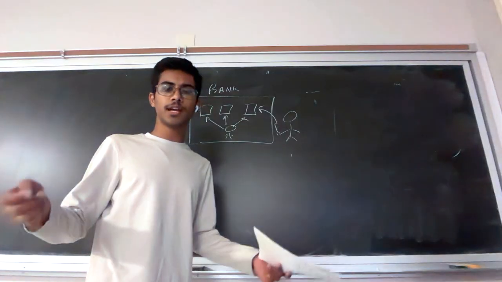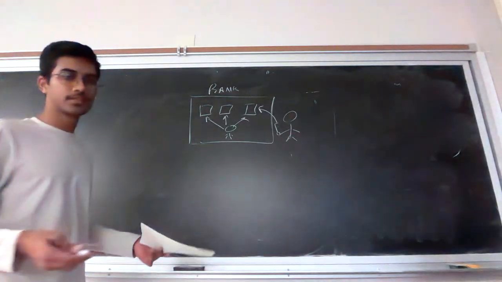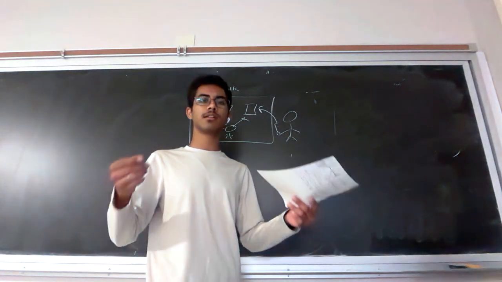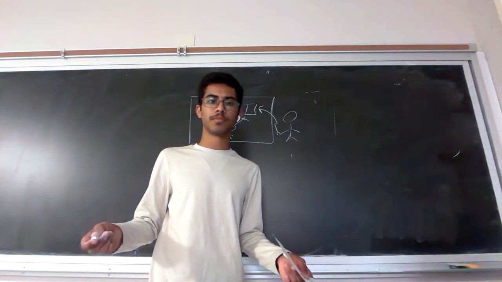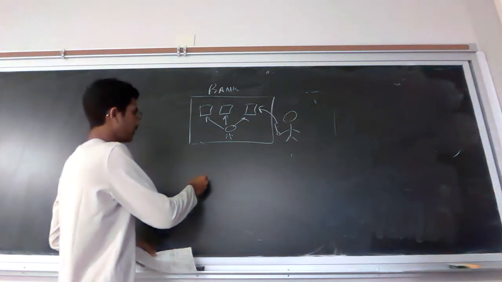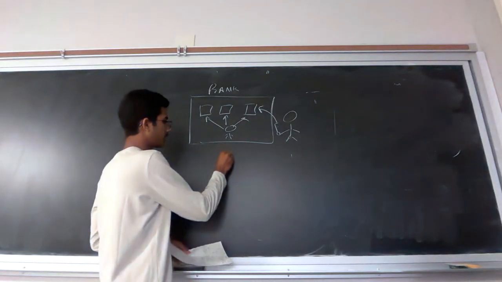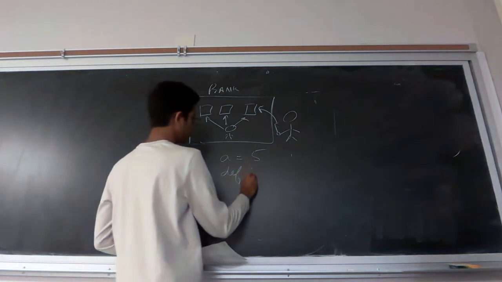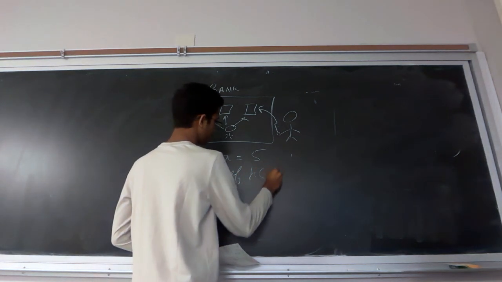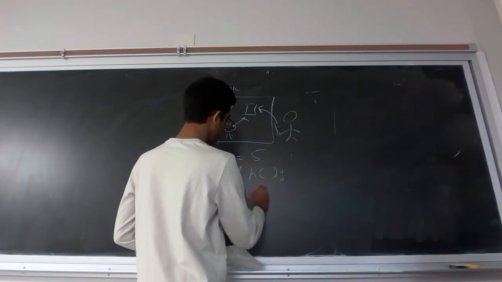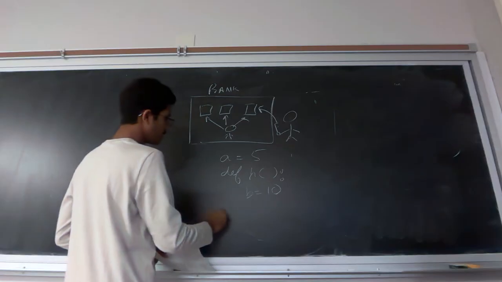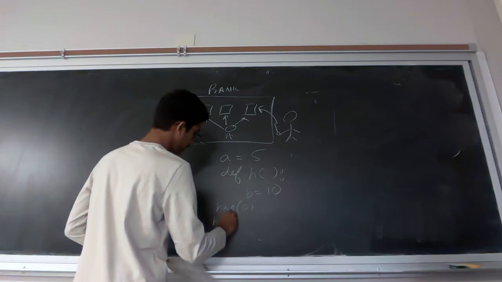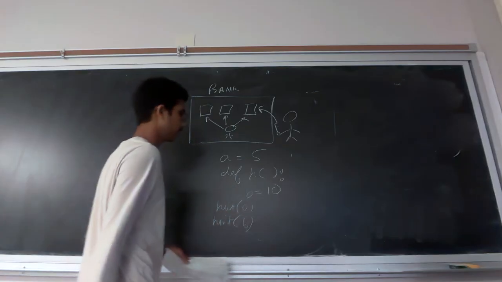Similarly, when we have programs, there is something called scope of variables, which dictates where a particular variable is valid. So let's say I have my program and I declare some variable a is equal to 5. And then I have a function def p which has a variable b is equal to 10. And now I say print a, print b.